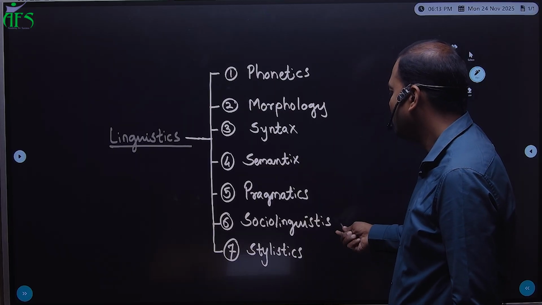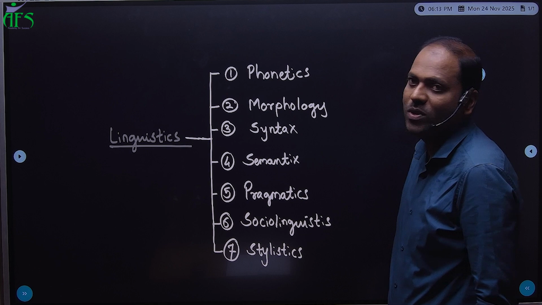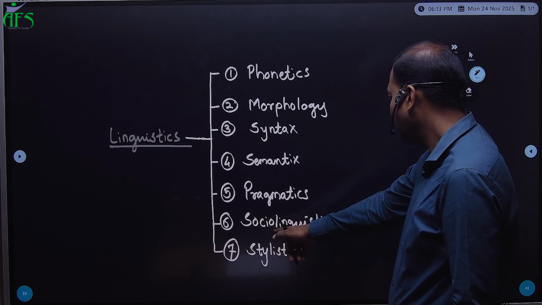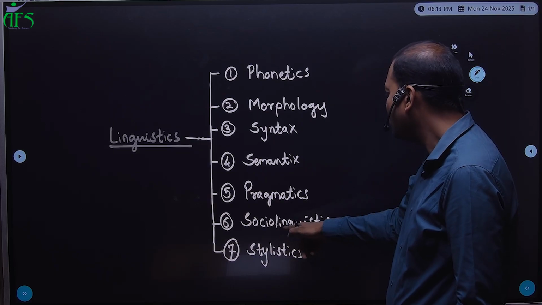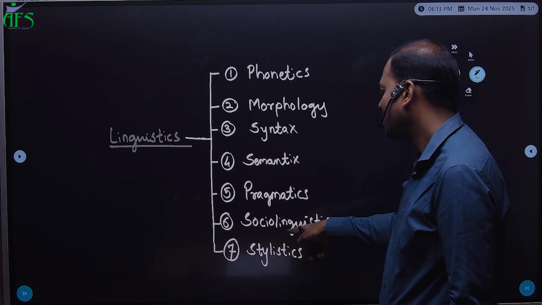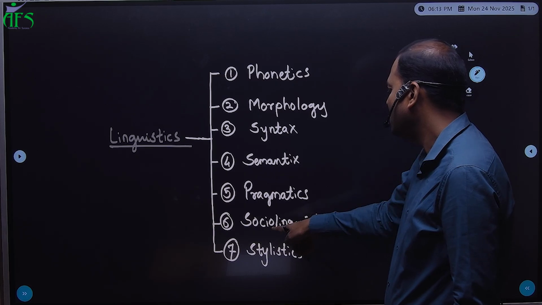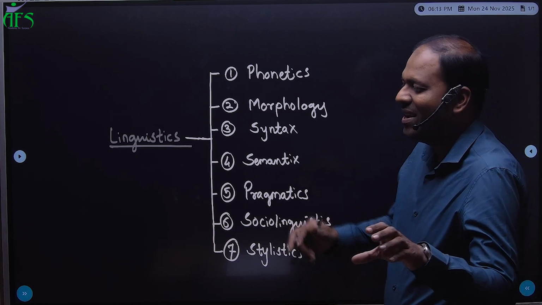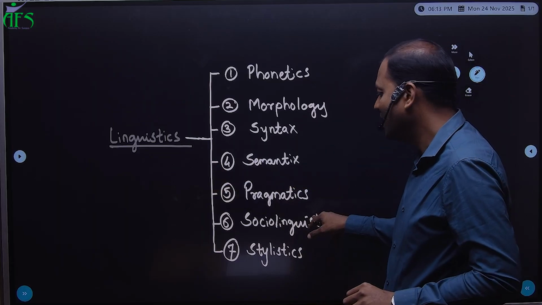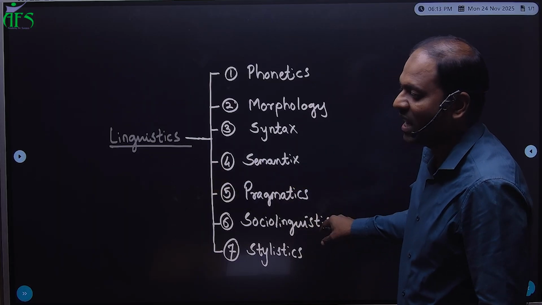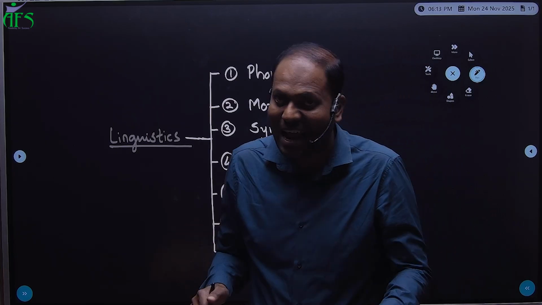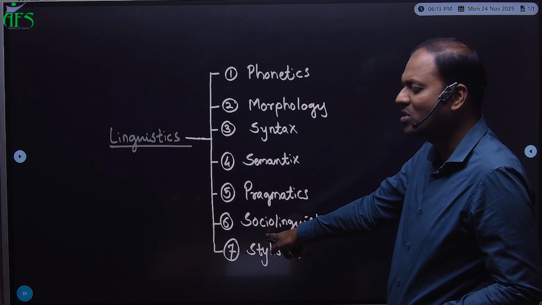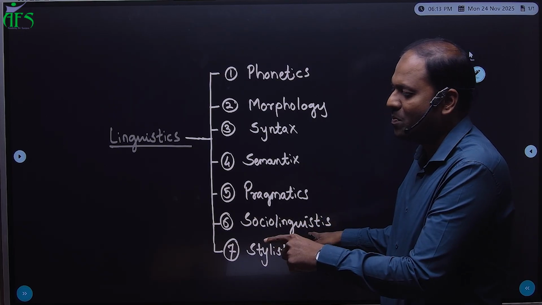Then you were supposed to go to sociolinguistics. Again, you might have found here that two words are kept together: social and linguistics. Linguistics, as you know, is the scientific study of language. So what is the role of the social, or how is it part of this branch?